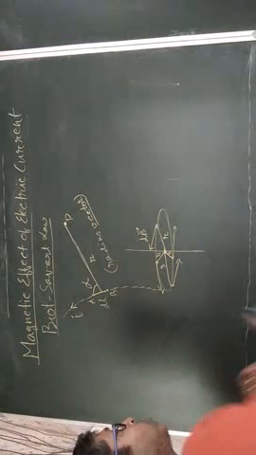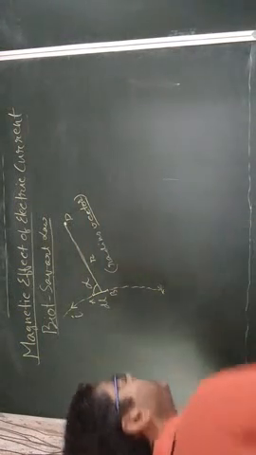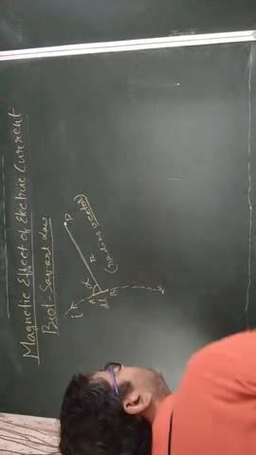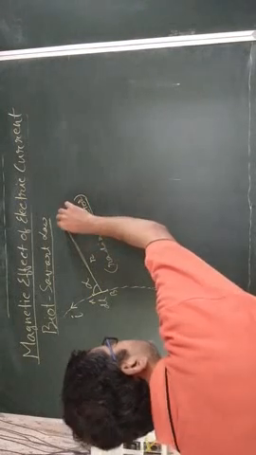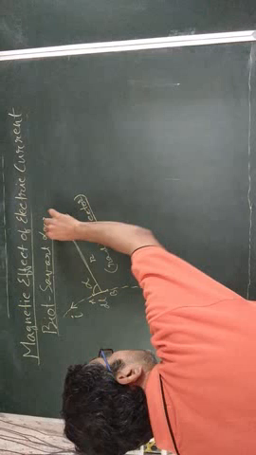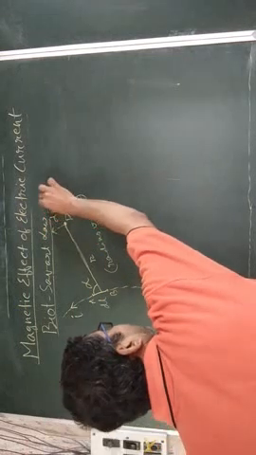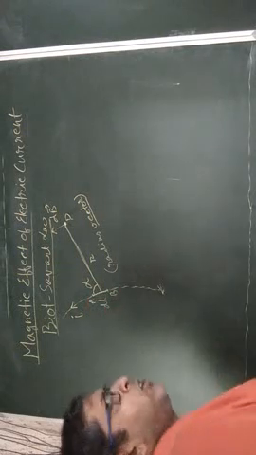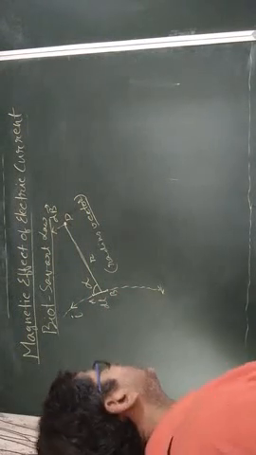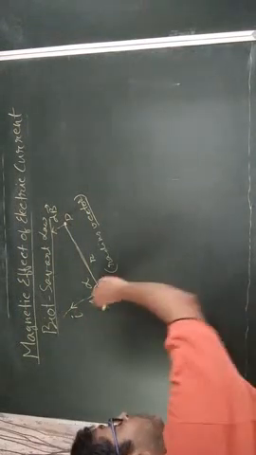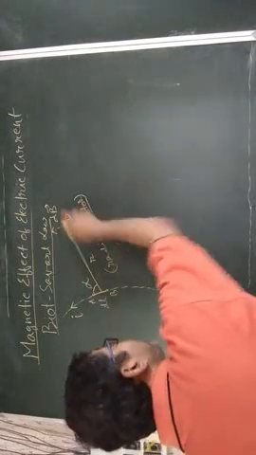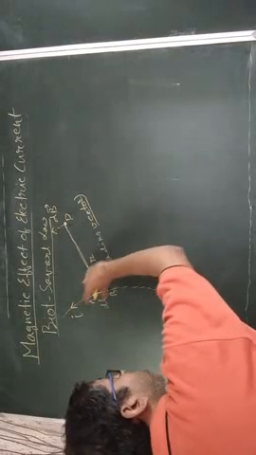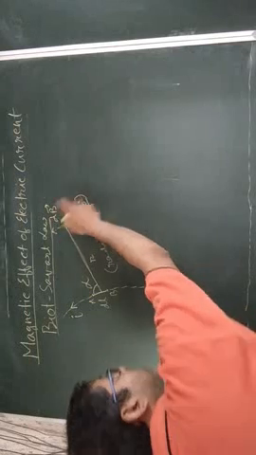According to Biot-Savart, the magnetic field produced here, we write dB instead of B because this element is very small, dl. We do not consider the whole conductor, but a small element. So the magnetic field produced by this small element is also very small. So it is dB.